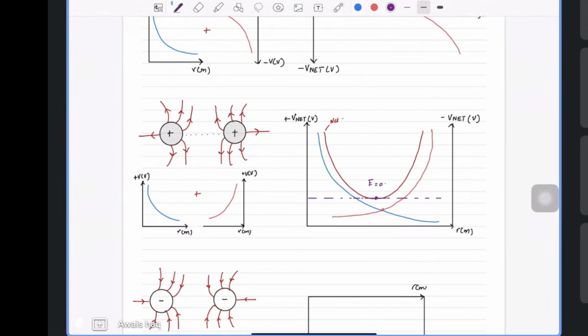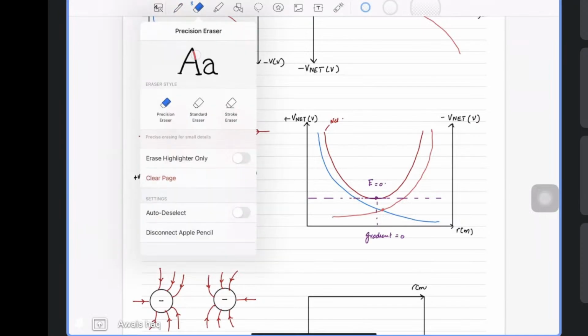And the reason it is 0 is that at this particular point the gradient is 0.